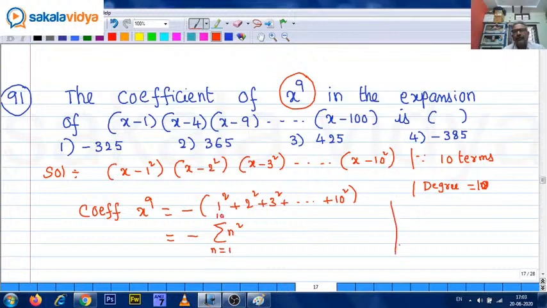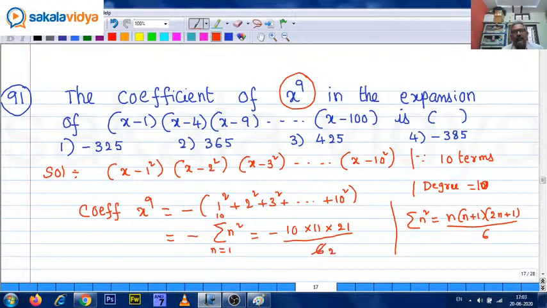So we have the formula for sigma n square, the sum of the squares of the first n terms. Sigma n square is equal to n into n plus 1 into 2n plus 1 upon 6. Here n value is 10. You can write minus 10 times 11 times 2 into 10 plus 1, that is 21, upon 6.